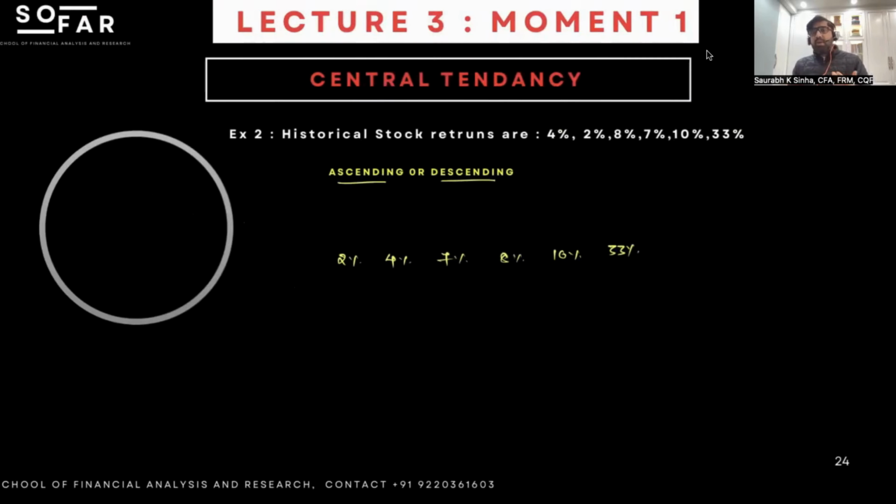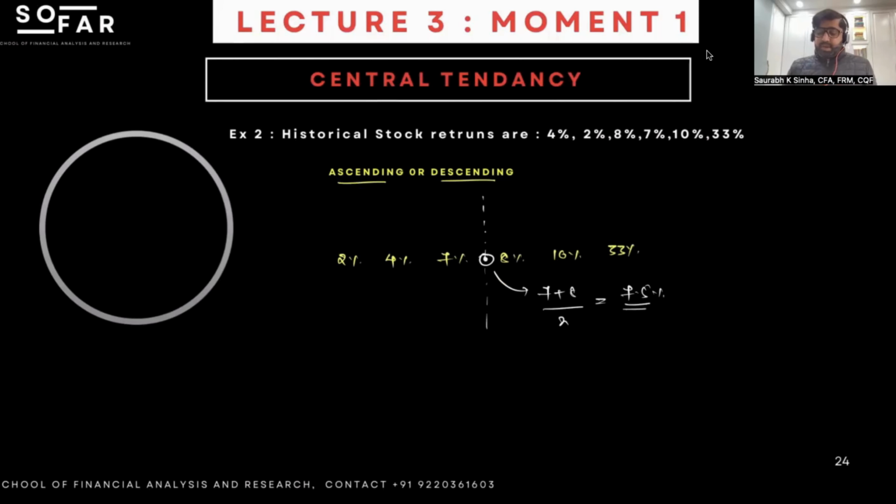But now if I take one line, what would be that line? That line is not going to pass through a number that we know. It is going to pass between two numbers, 7% and 8%. So basically, you have to take the average or midpoint of 7% and 8% to find that point from where the line bisects the data into two equal halves. So basically what you're doing is interpolation, and you're finding the midpoint. So 7.5% is the center of the data if you're calculating the median.